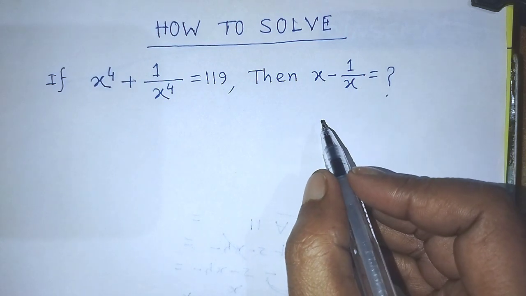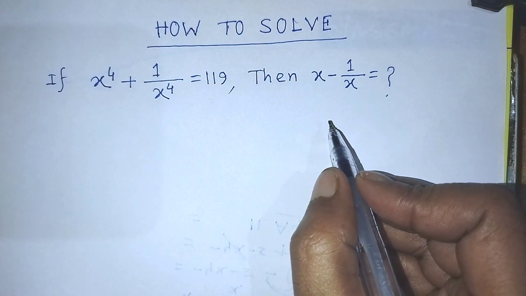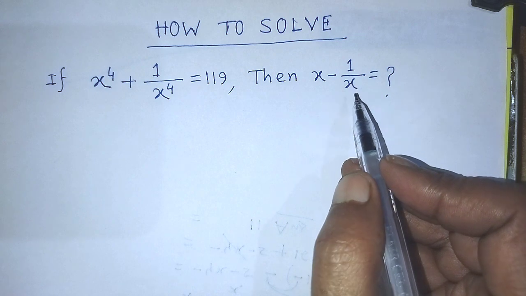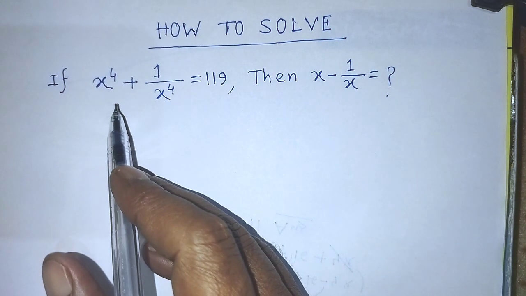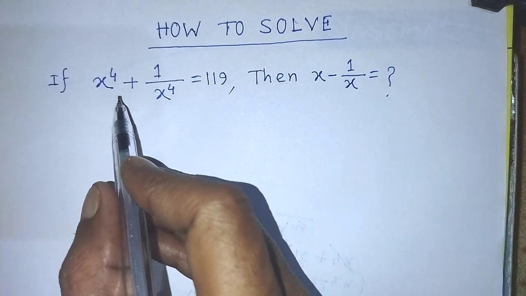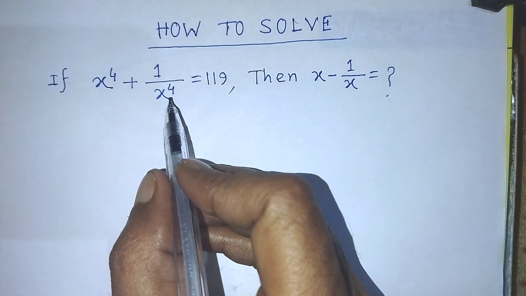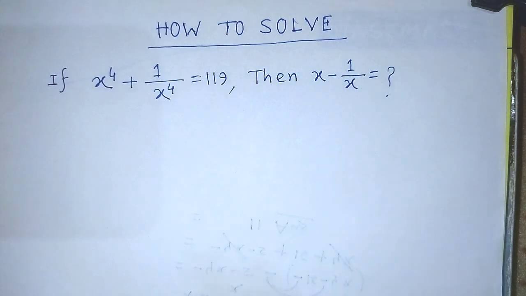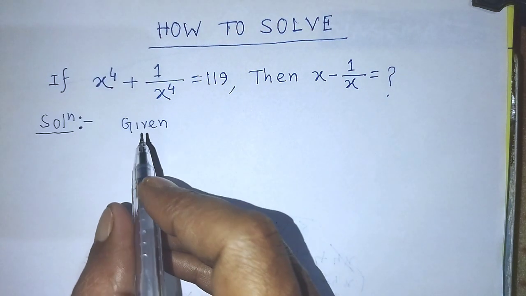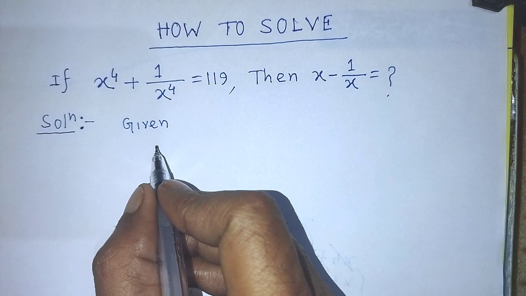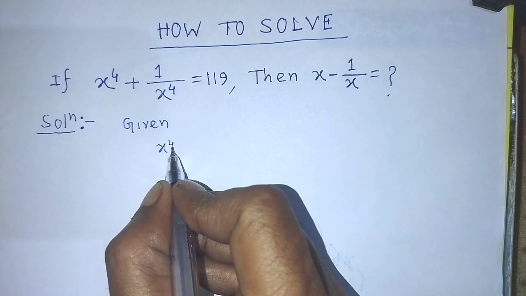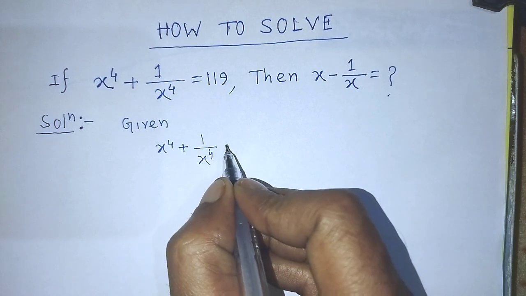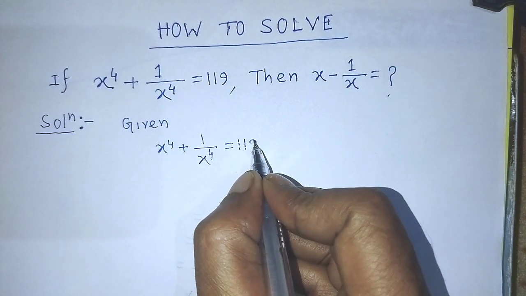Today in this video I will tell you how to find the value of x minus 1 over x from the given equation x to the power 4 plus 1 over x to the power 4 is equal to 119. So student, our given algebraic equation is x to the power 4 plus 1 over x to the power 4 is equal to 119.